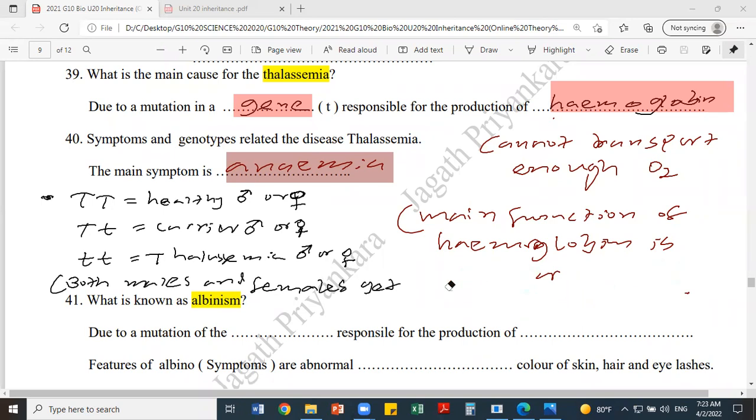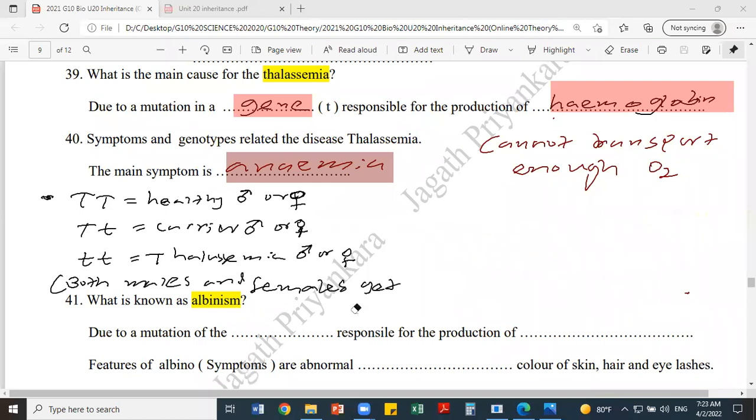In some districts in Sri Lanka, this disease is common. I don't tell which, because there can be students from those districts in the class, therefore it's not nice to tell. But anyway, you can search on the internet for the districts in Sri Lanka where thalassemia is common.